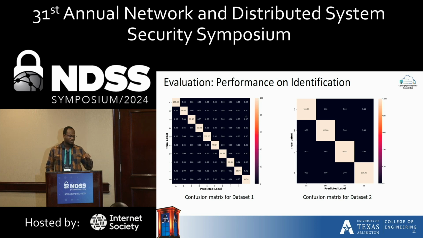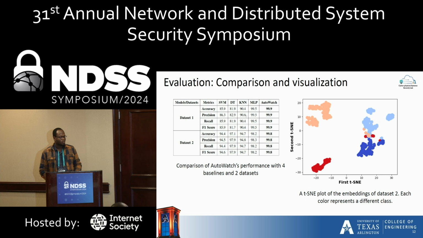If you look at the second confusion matrix, you see that for 3 of the risky behaviors, it was 100% except for the sudden left turn. And apart from that, in our comparison with other approaches, you could see that AutoWatch was able to get to 99.9% for accuracy, precision, recall, and F1 score, and up to 99.8% for data set 2.